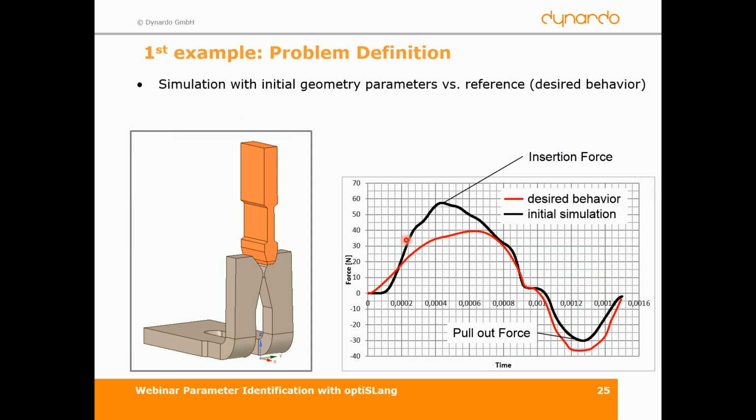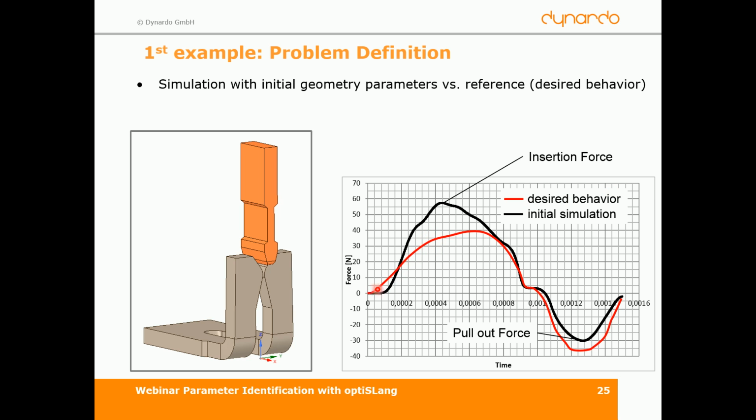That means we have a maximum insertion force, we have a gradient for this insertion force, and also for the pull-out force we have the same. We have a gradient of the pull-out force and a maximum pull-out force. And now we have a reference curve not coming from a measurement. This red reference curve may come from your salesperson or from customers, and so you have a desired behavior.